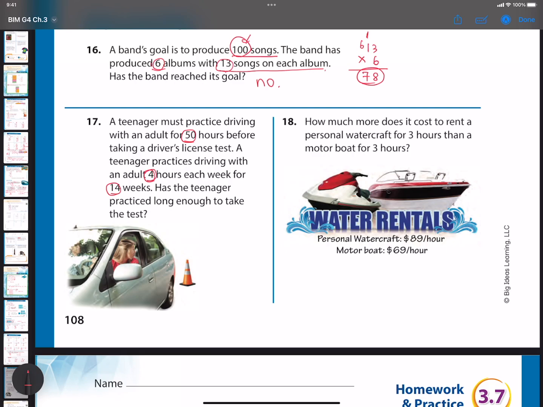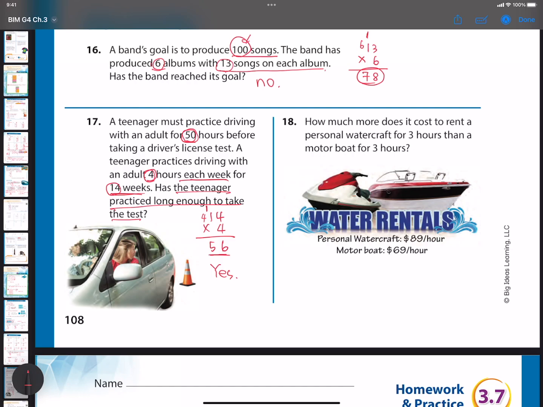So 4 hours each week for 14 weeks, right? 4 times 4 is what? 16. Carry 1 up. Now 4 times 1 is 4. 1 plus 4 is 5. So now what? 50 hours they need to practice. And this teenager practiced what? 56 hours. So the answer is what? Yes. Okay, the teenager practiced long enough to take the test.